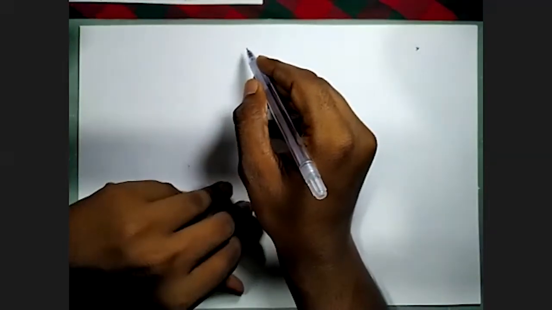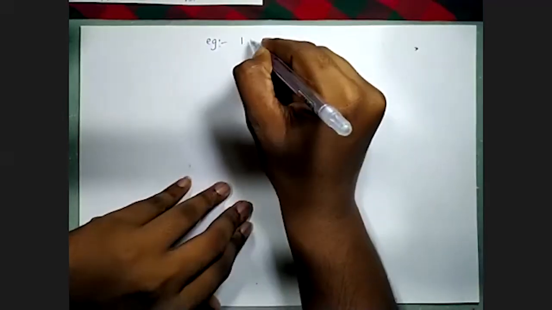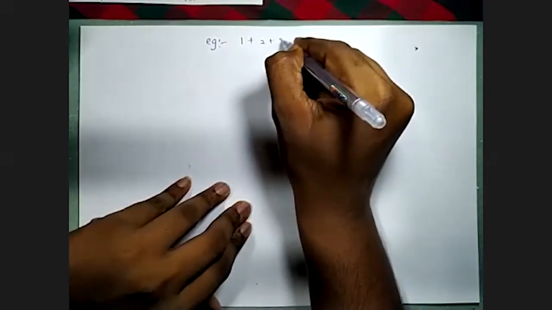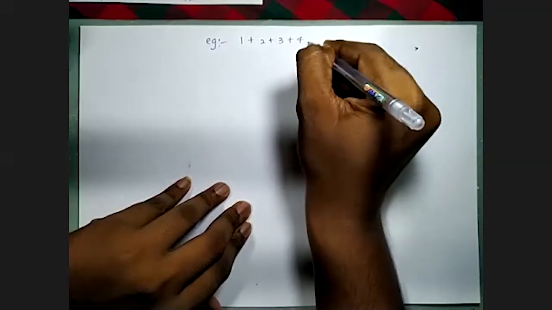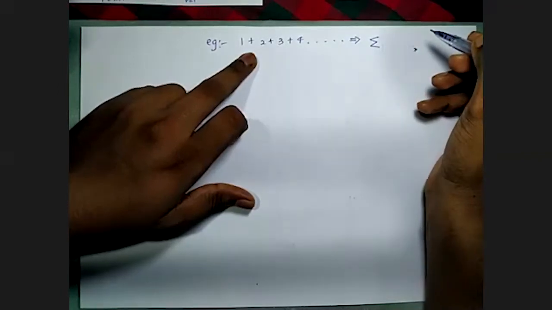Let's say we have this series 1 plus 2 plus 3 plus 4 and continue. So this is the series. Now we are going to write an expression for this series using sigma notation.